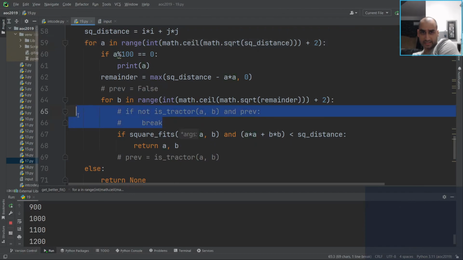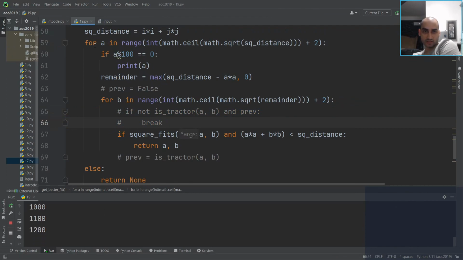Yeah, we're not even breaking out here, because I don't know if that logic is correct. So it's literally just a double for loop.